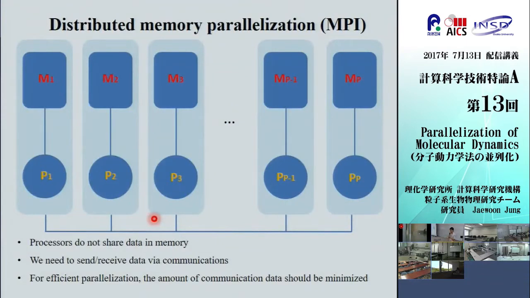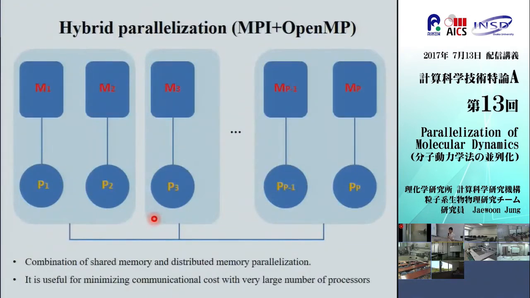And the next one is hybrid parallelization. This is some kind of mixture of MPI and OpenMP. So nowadays, many computers have multiple cores in a node. Then we can use OpenMP in a node. And for different nodes, we can make use of this MPI procedure.